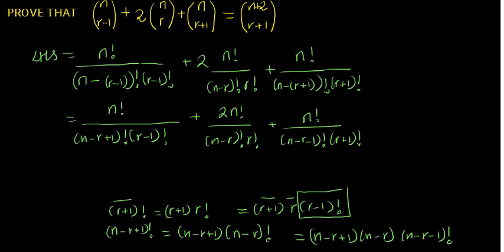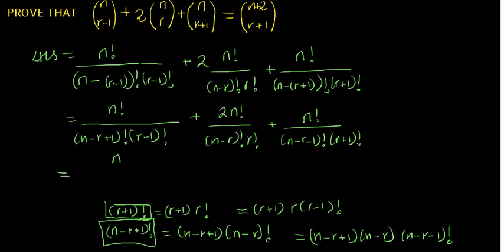So in this case, we're expressing in the same thing. So that means we want to express everything in these bases. We should have n minus r plus 1 factorial, and then r plus 1 factorial. So that is what we are going to make sure.